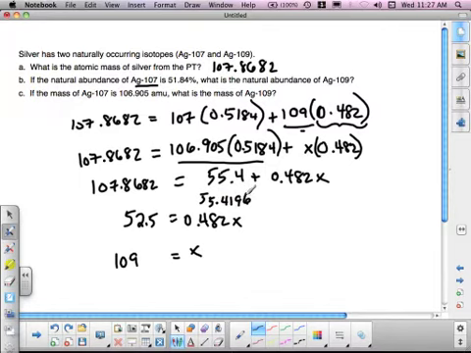So then we'll subtract from both sides. And I get 52.4486, and then divide by that 0.482. And I get 108.815. That's much better.